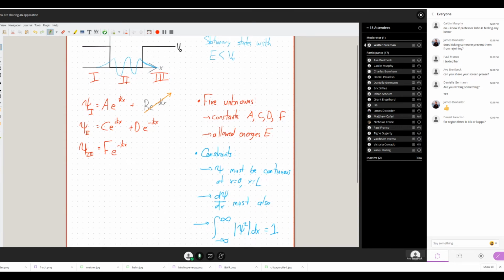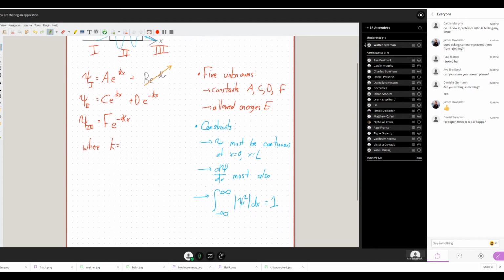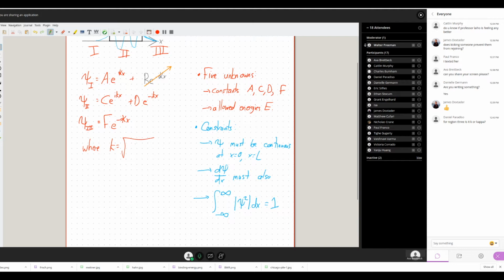So for region 3, yes, you're right, it's kappa, Daniel, thank you, because that's the exponentially decaying one. I should write down what kappa is, where k is the real wave number in the positive kinetic energy region, and kappa is this imaginary wave number.